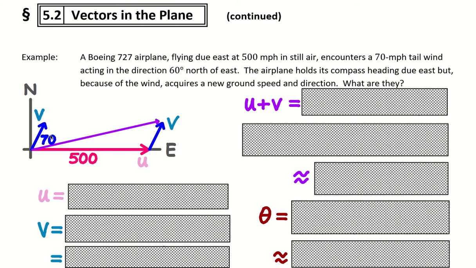And then the wind is blue. So the wind is going 70 miles per hour. I want to put that there so I can talk about the angle.